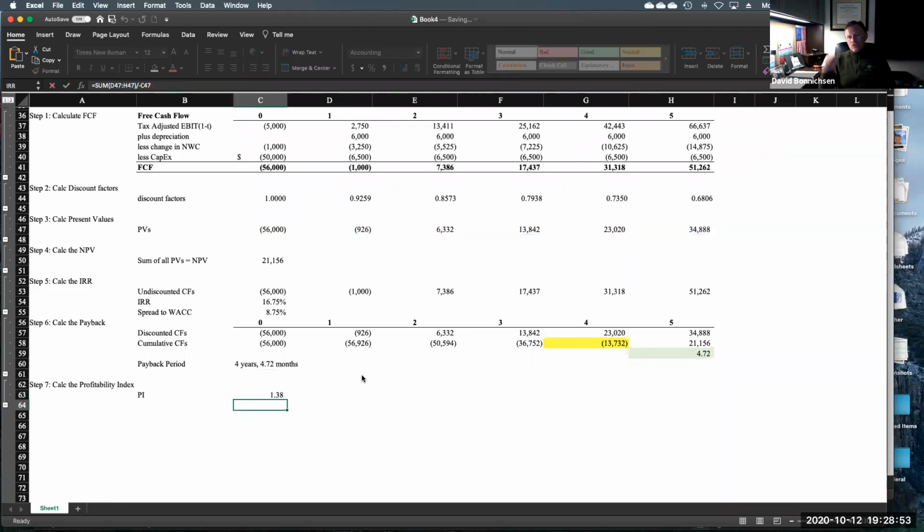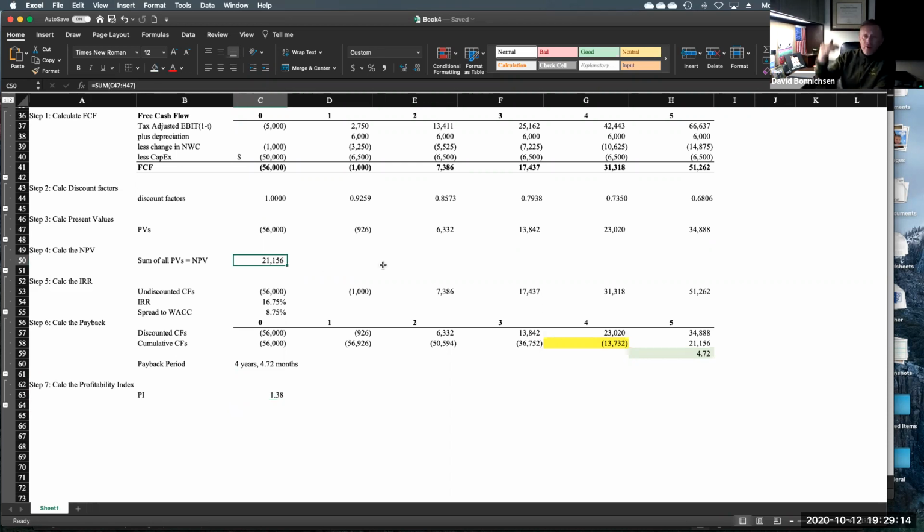Okay, so in terms of how we go about using these metrics to select one project over another, keep in mind that we're operating under the assumption that these projects are mutually exclusive to one another. I mean, you can only do one, you could not do both. Then the order of operation, if you will, in terms of how we go about selecting is which project has the higher net present value, period.